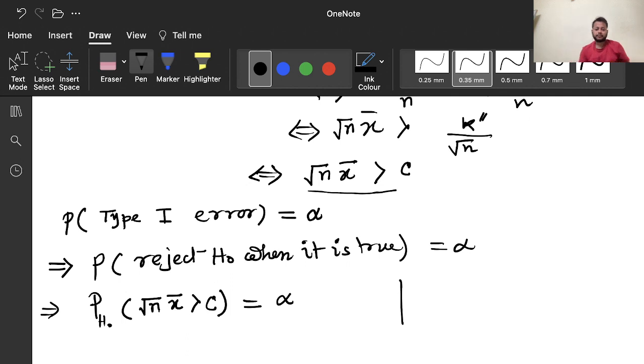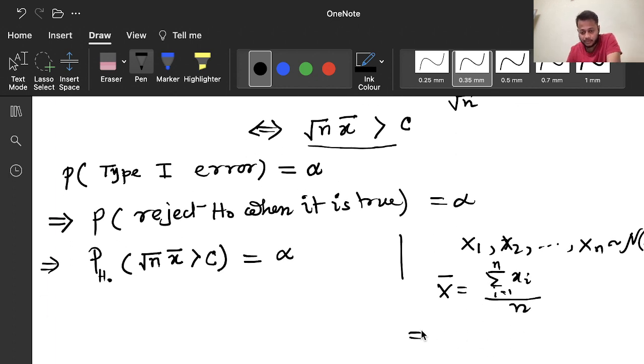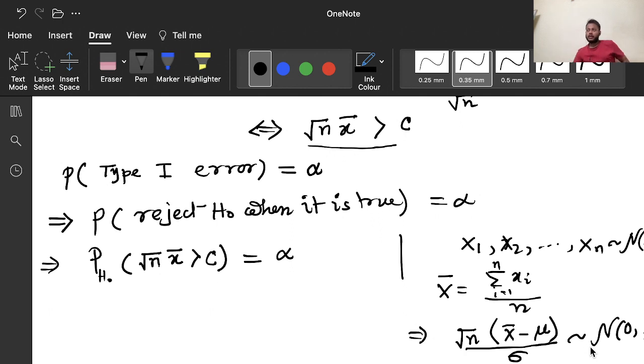And we know that if x1, x2, ..., xn follow a normal distribution with mean mu and variance sigma square, then x bar, which is summation of i equal to 1 to n xi by n, will follow, and root n x bar minus mu by sigma will follow a standard normal distribution.